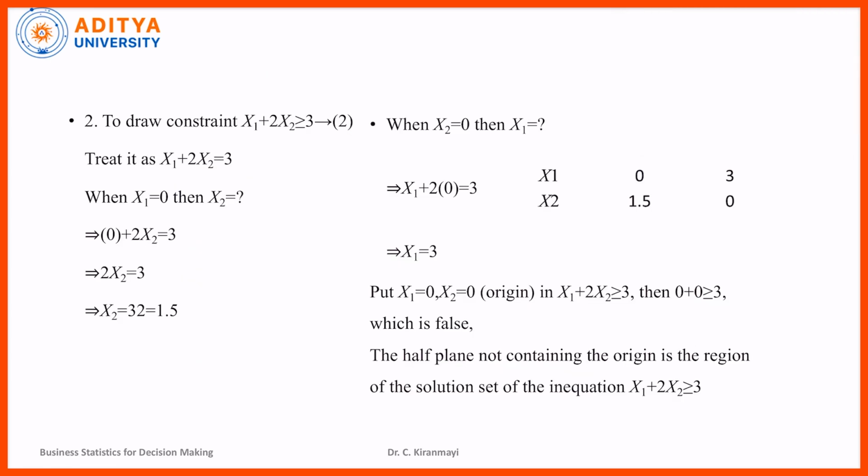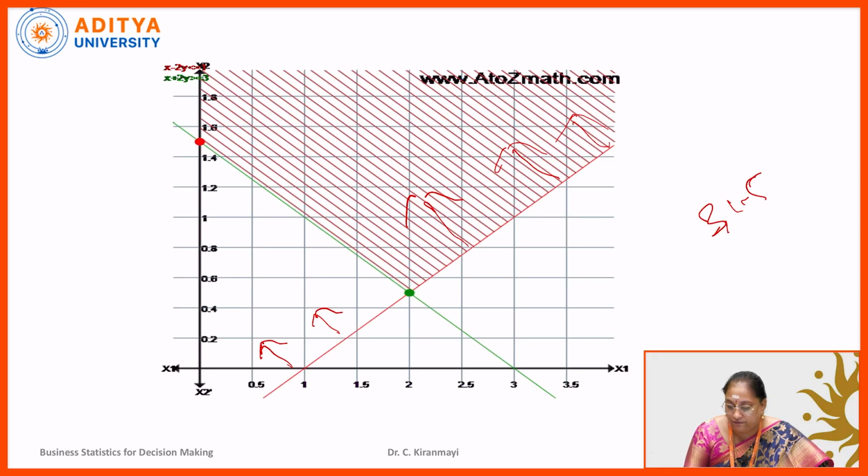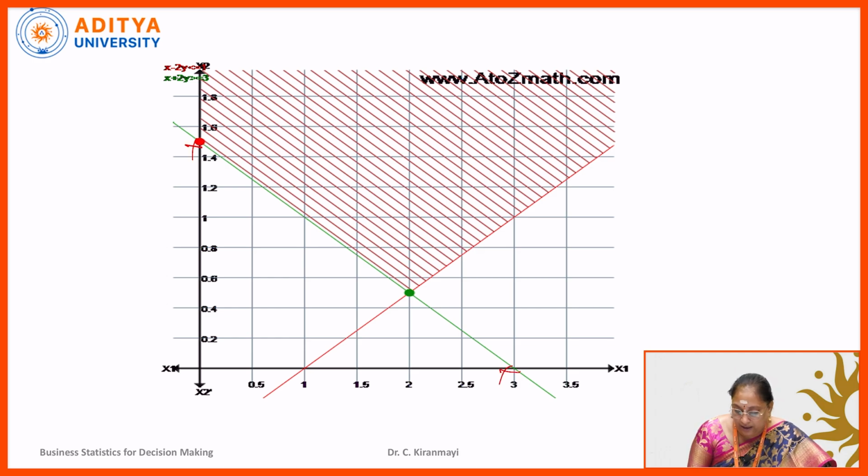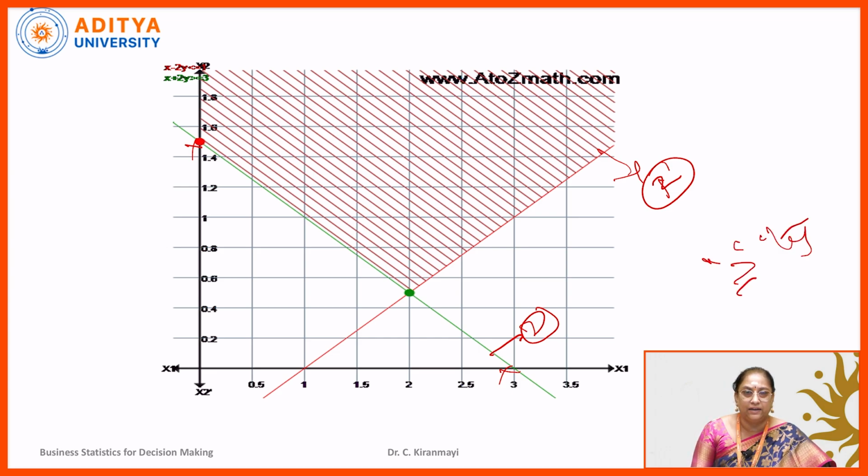The coordinates for the second inequality we have obtained as 3 and 1.5. On the x-axis it is 3 and on the y-axis it is 1.5. By joining these two points we obtain the second constraint line. For a greater than type inequality, we have to consider the region above the line, or the right side region.